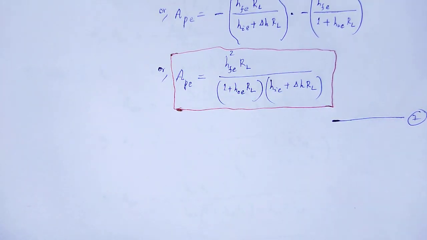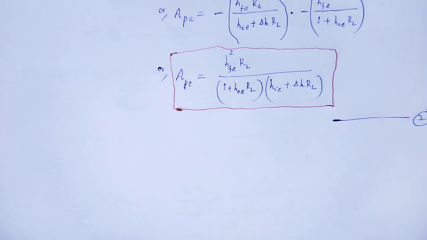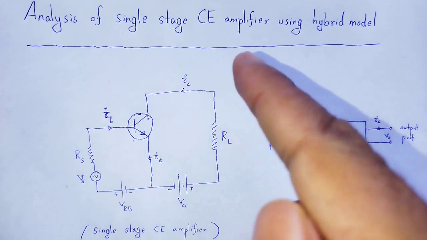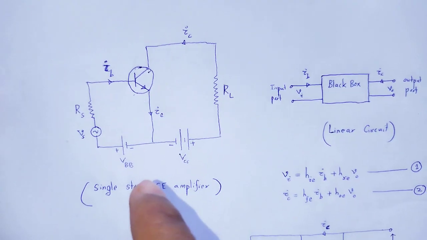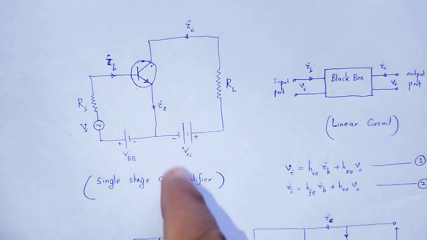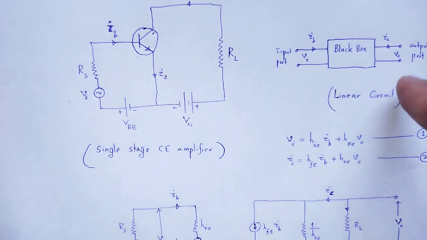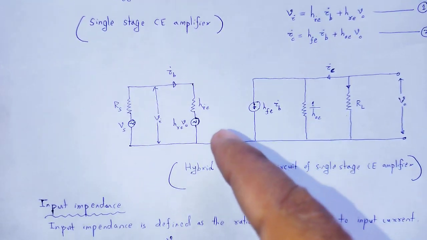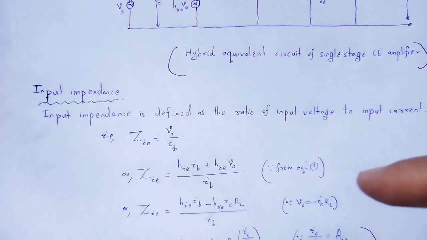In this way, with the help of this video lecture, we understand the concept of analysis of single stage common emitter amplifier using hybrid model. That one is the single stage common emitter amplifier, a linear circuit, with equations of h parameters and its equivalent circuit.